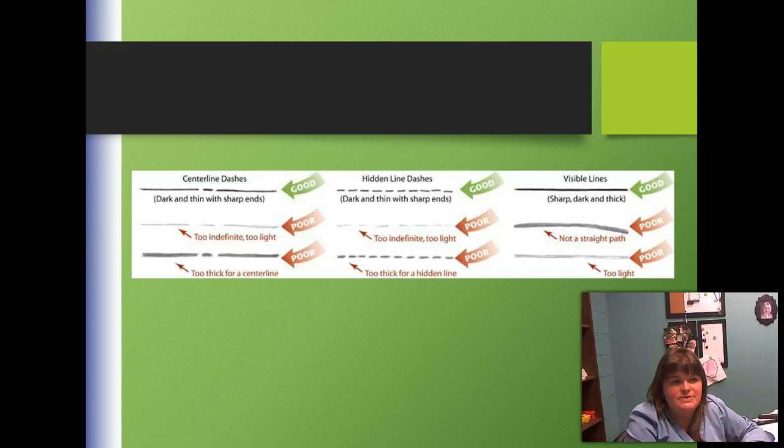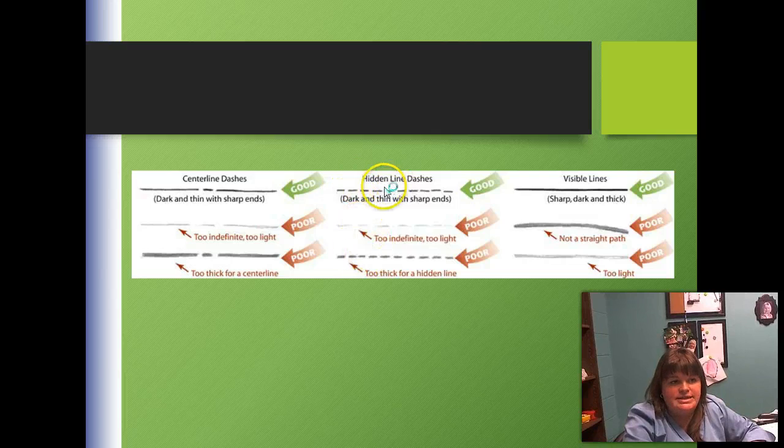So here's some examples here. Over on the left, we've got center lines, and those happen to be a long and a short and a long. So here's an example, and then these are freehanded. These aren't using your drafting tools, but there's a good example up there at the top. Here are some examples where maybe this one's too light and this one down here is a little bit too thick. This next set over is called a hidden line, and those are dashes, okay?